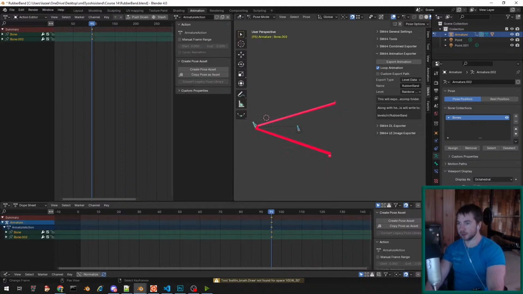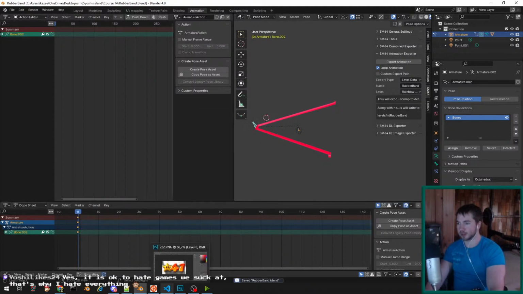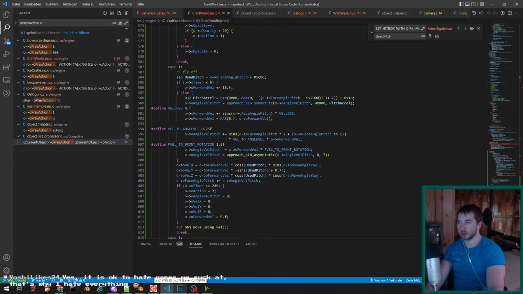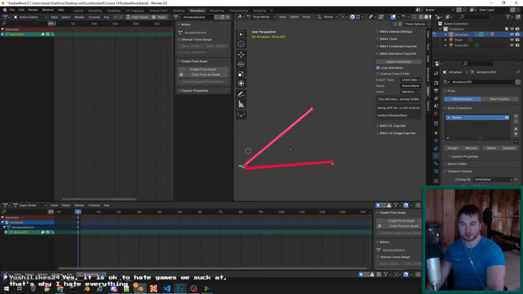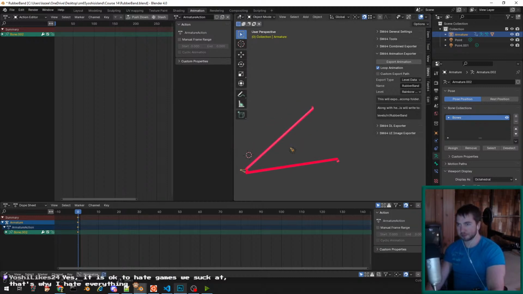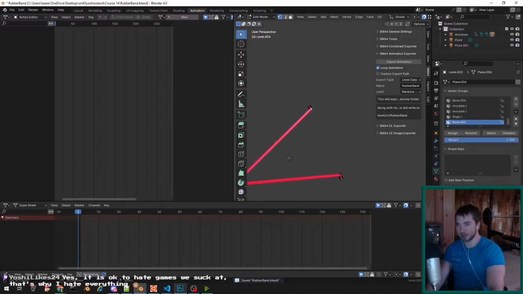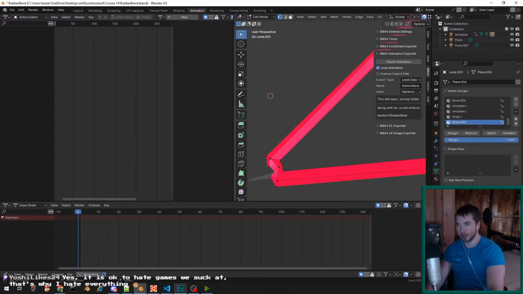Okay, so we do know that it takes 6 frames for the paper plane to shoot off. 7 actually. So after 7 frames, this should be all the way forward. Just to make animating this easier, I'm gonna put myself a helper line here.